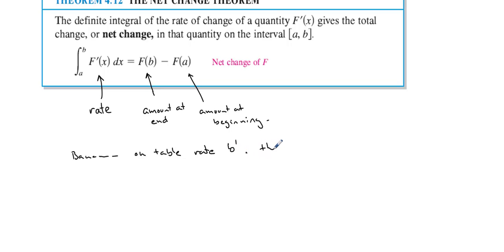There were 47 bananas at t equals 3. How many bananas at t equals 7?